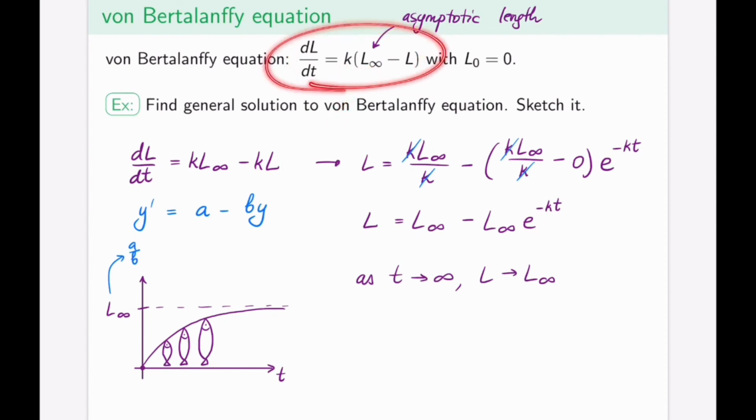Both of these equations are completely analogous in terms of what solution corresponds to them. They're simply written out differently to highlight different pieces of information. This shows that it's a linear model. This shows the horizontal asymptote explicitly.